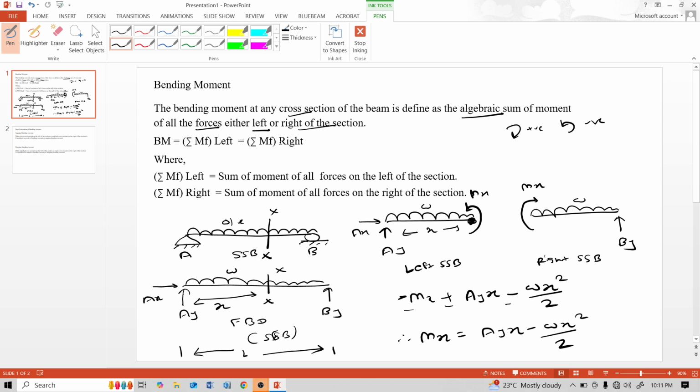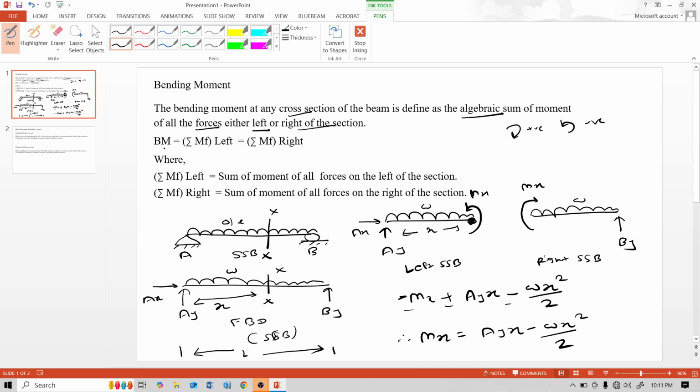That's why bending moment is very important in structural design. For a simply supported beam, at the center the bending moment is maximum, and for the cross section where maximum bending moment acts, we design the beam.